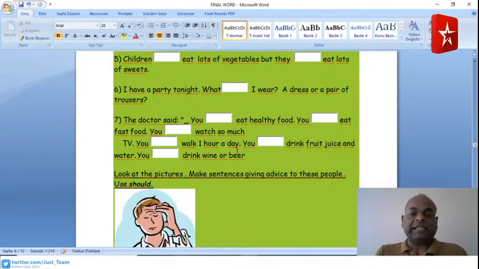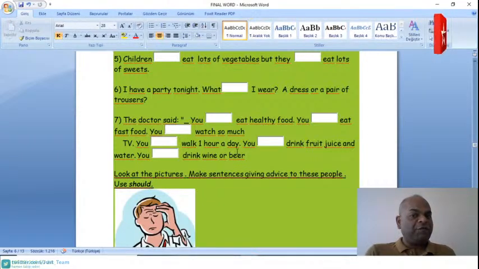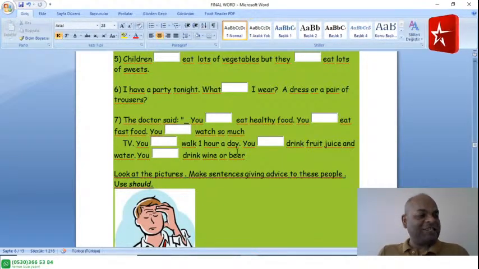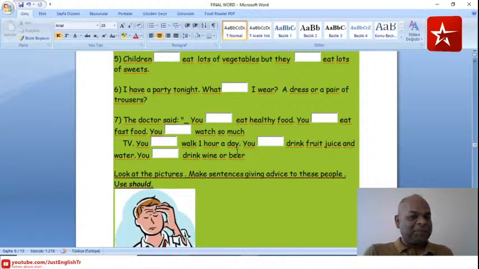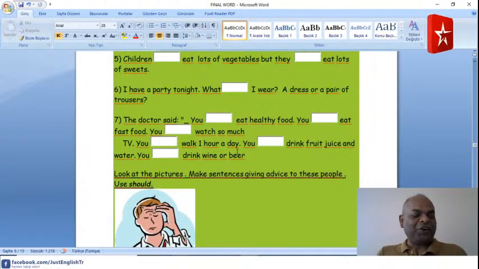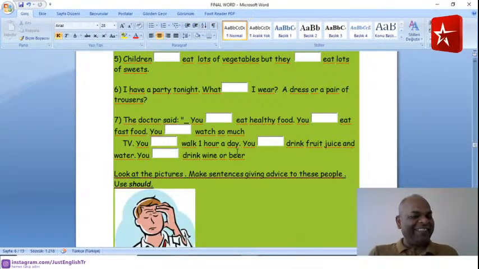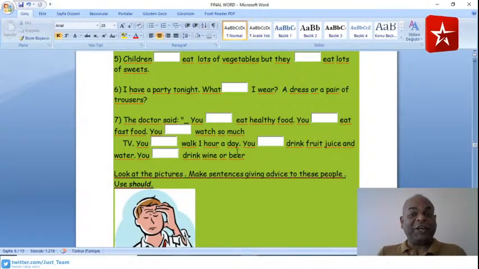And the last one says, you dash drink fruit juice and water. Now that is what here? There we go, I'm getting some answers. Khan says, I'm out of work. I need to go. Great, thank you. That's a good one. Alia says should, so we say here, you should drink fruit juice and water.